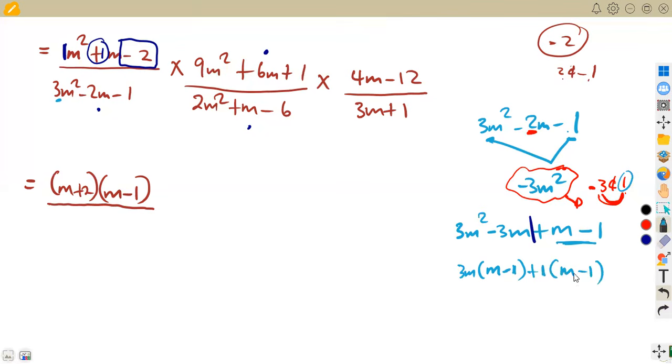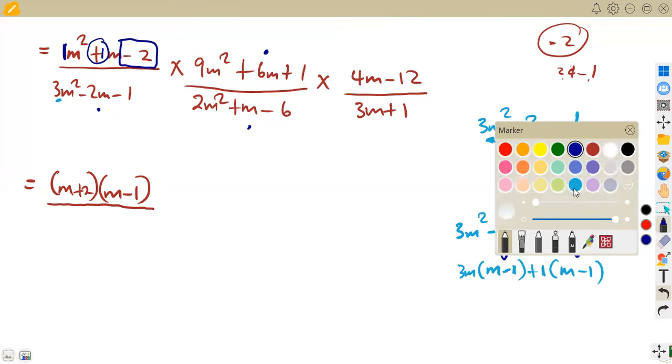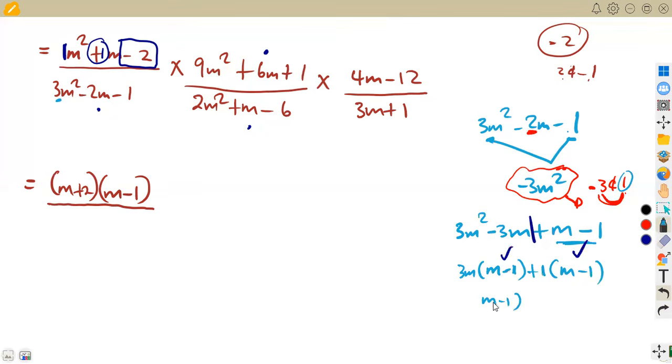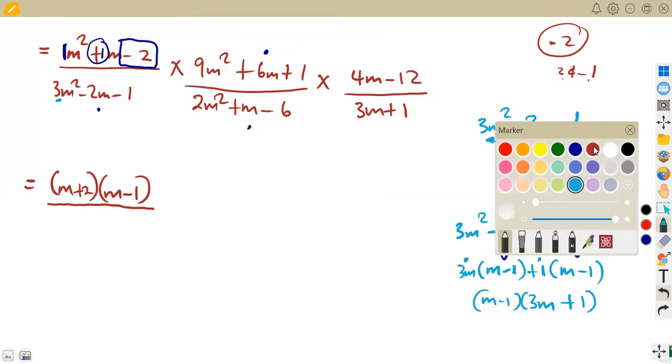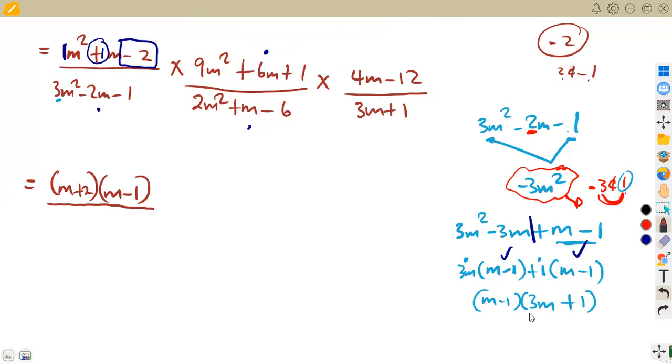A plus does not affect whatever that you have. So the two brackets here are the same. We are just going to factor out the common bracket m minus 1. Here we remain with 3m. Here we remain with a plus 1. And so this is what we're going to have: two brackets, m minus 1 and 3m plus 1.